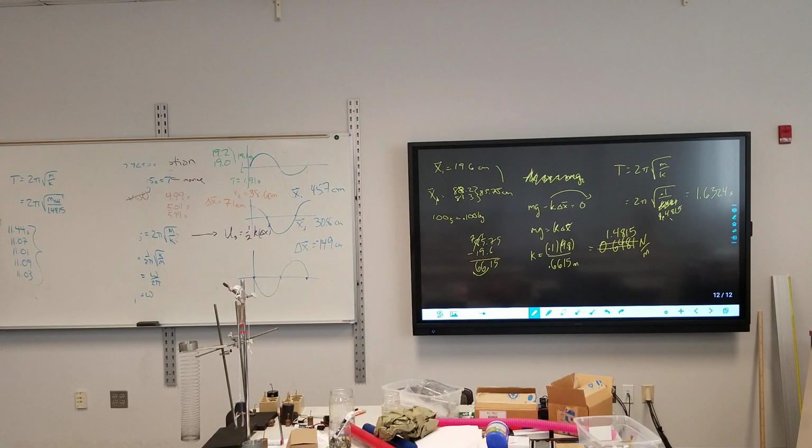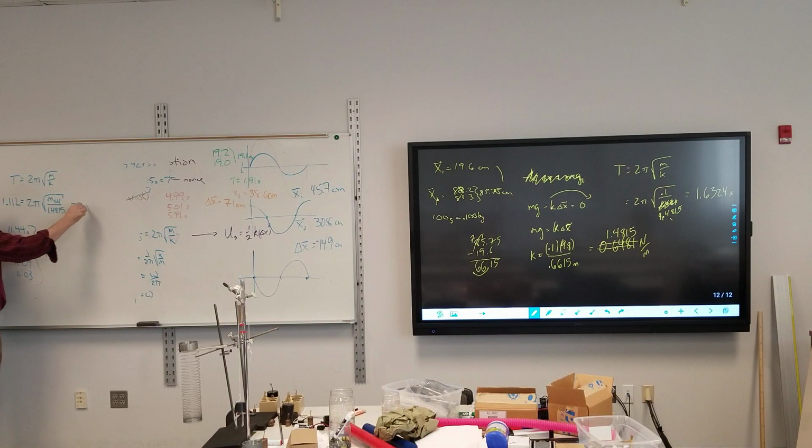If one seems really odd, it is acceptable to throw out the highest one and the lowest one, but we'll just take it as is. 11.12. So the period for one cycle is 1.112.